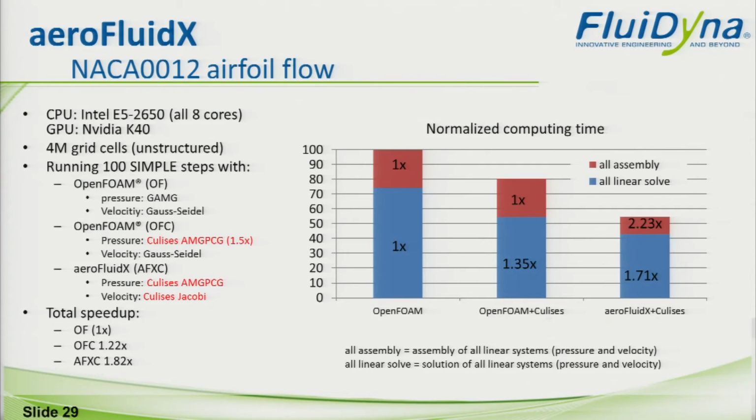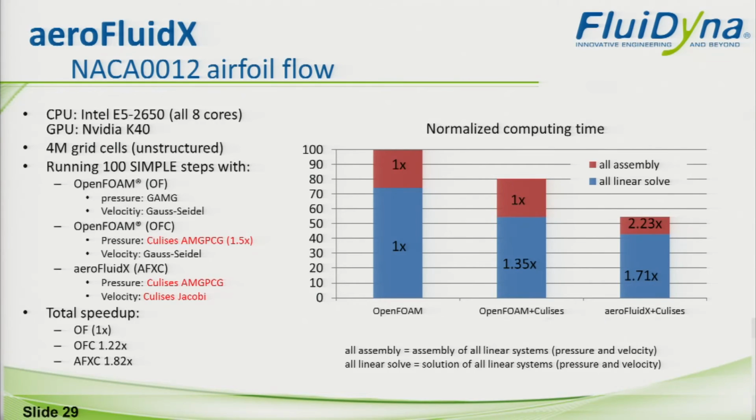Just to give you a sample of how it improves performance, this is the aeroFluidX benchmark on an airfoil flow problem, and this is the CPU profile. Let's say the CPU takes 100 seconds, and out of that, 75 seconds is spent in the linear solver, and 25% is outside the linear solver.